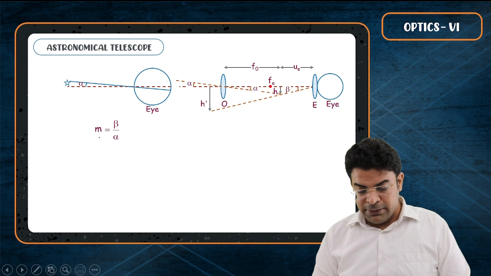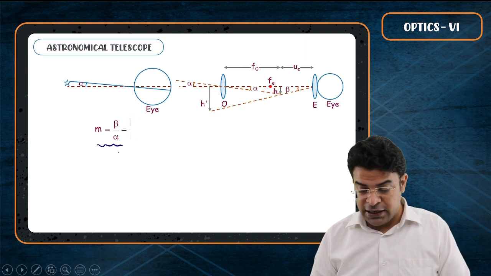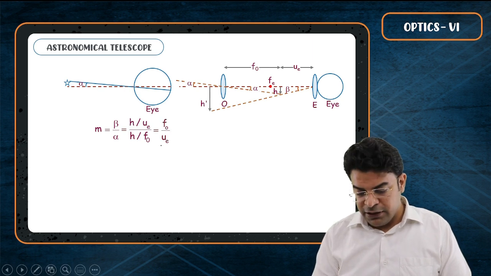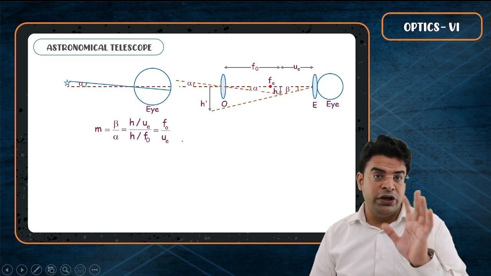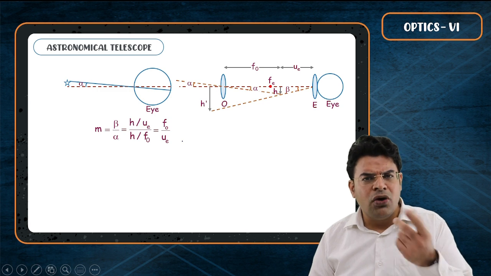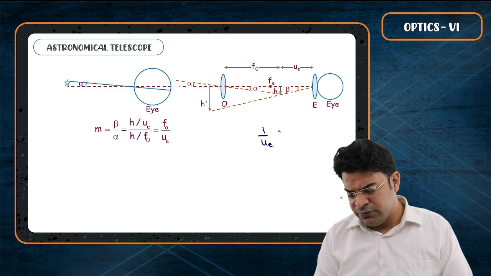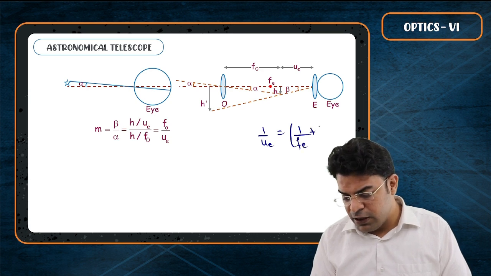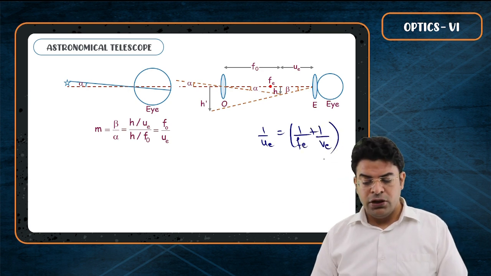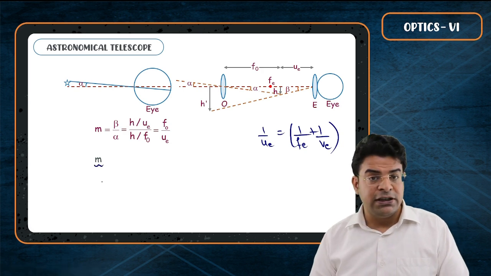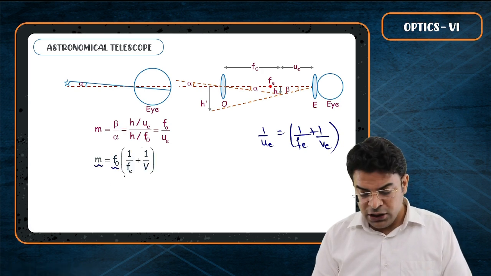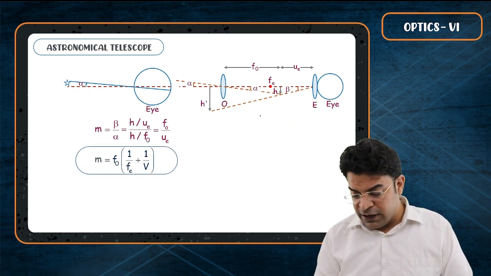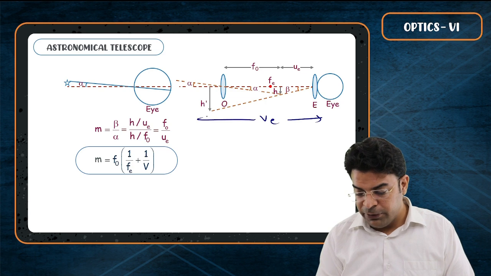So the magnification, which is beta by alpha, can be written as h by UE upon h by f naught. So the magnification is nothing but f naught by UE. So easy. Now again, as always, in place of 1 by UE, you will substitute 1 by Fe plus 1 by Ve. So on substituting that, the same magnification can be written as f naught into 1 by Fe plus 1 by Ve, where Ve is the distance of the final image from the eyepiece.